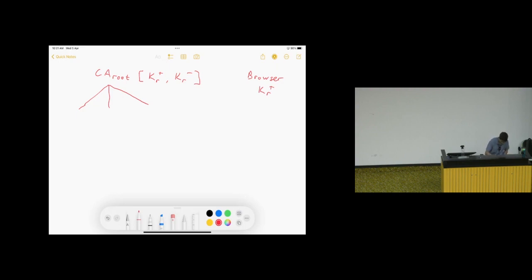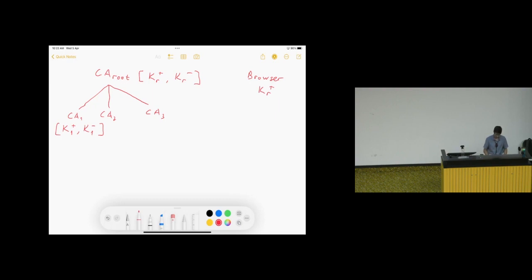But let's say there is CA1, there is CA2 here, there is CA3 here. And each of these, let's focus on CA1 for the time being, will obviously have their own public and private key pairs. Let's say K1 plus and K1 minus for the certificate authority 1, right?